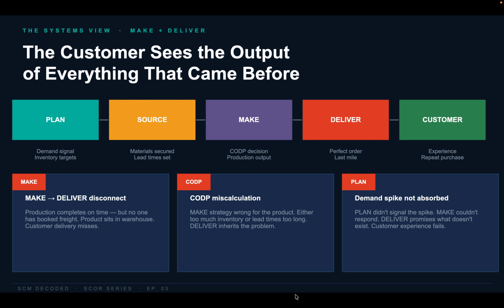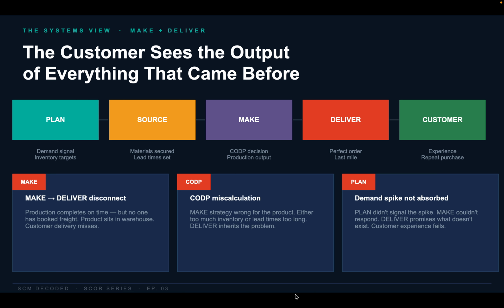Now let us take a systems view of how these are all interconnected. See, make and deliver do not operate independently. Every deliver failure tracks back to a decision made earlier in the chain. The failure one we talk about is the handoff disconnect. Production completes on time, but nobody booked the freight.